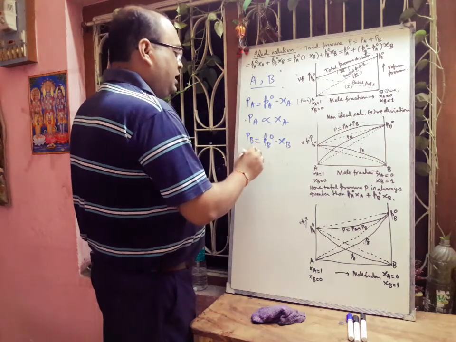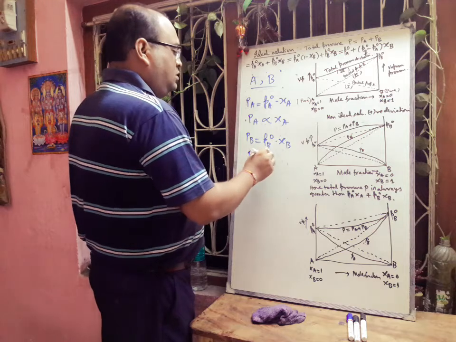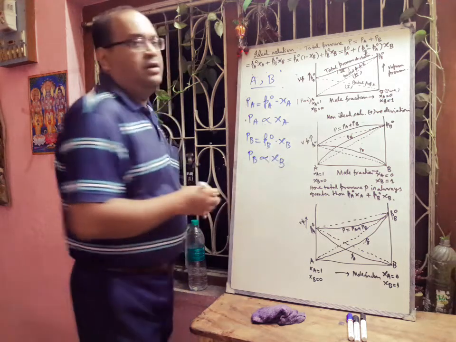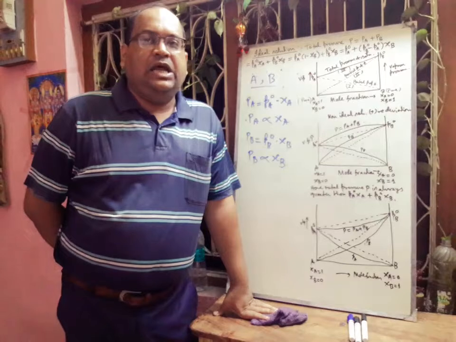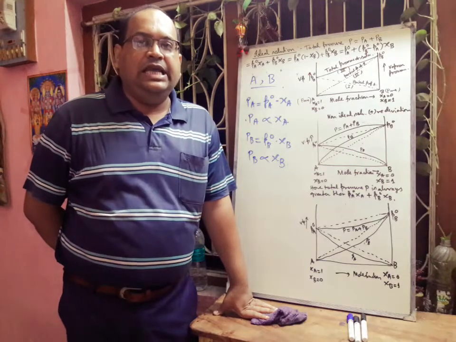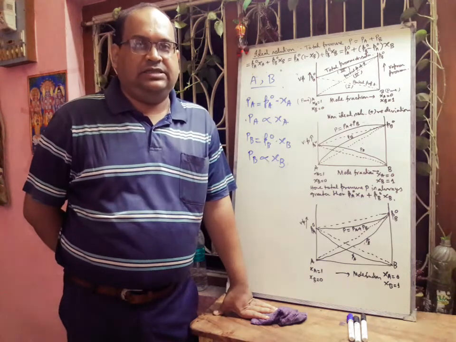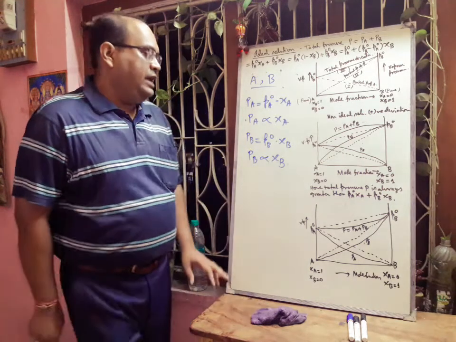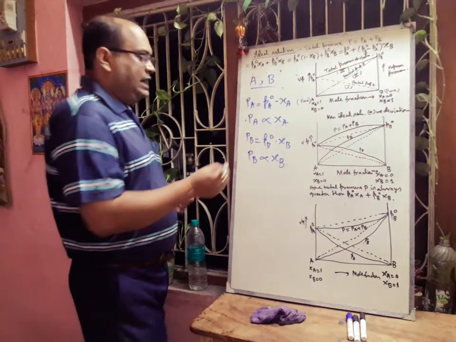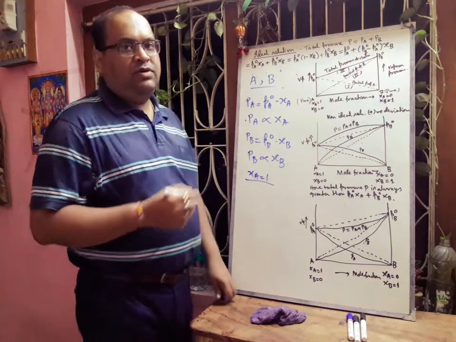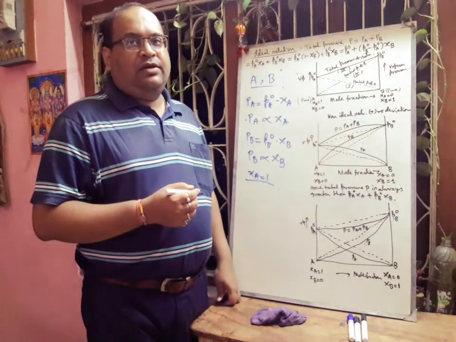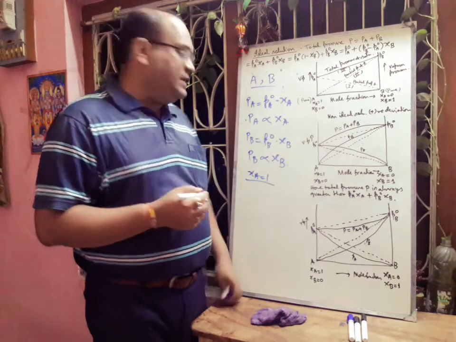So Pb is proportional to Xb. Thus the vapor pressures of the components are a linear function of their mole fractions. Now if we take Xa equal to 1, then only liquid A is present.